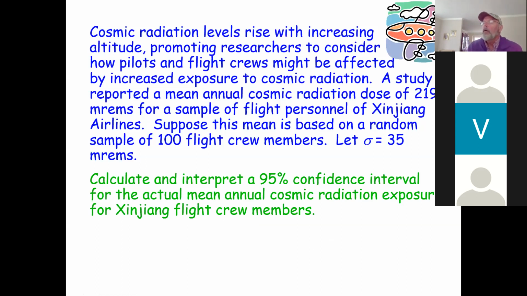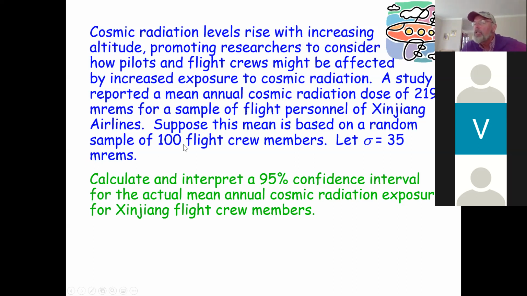Okay, so here is our example here. We're thinking about cosmic radiation levels for pilots that fly at high altitude. Okay, a study brings a sample mean of 219 millirems, and that is our X bar, 219 millirems.